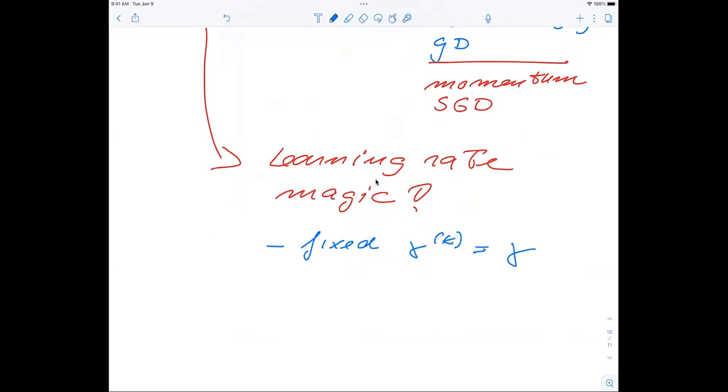So what is pretty common is now that you could choose a set of gammas, you could now just fix a set of values, 10 to the minus 5, 10 to the minus 4, up to, let's say, 10 to the minus 1. And then just run your calculations with a fixed learning rate.